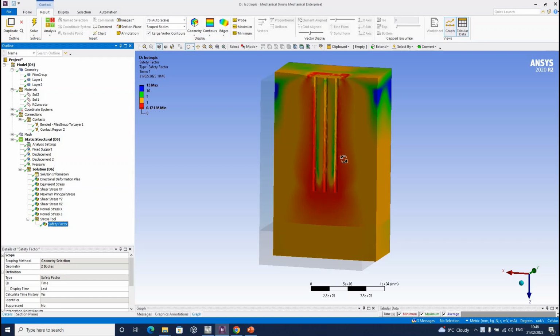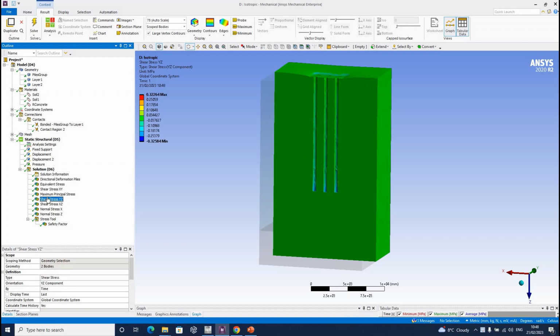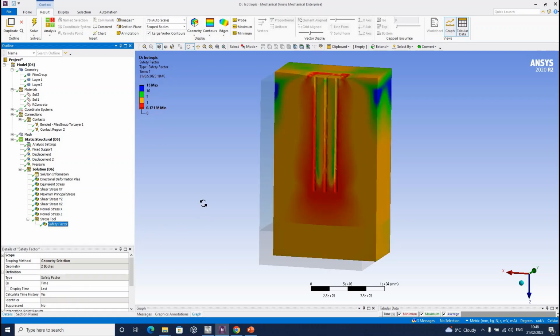We have set 0.1 and 0.2 megapascal for these limits, and if you check the shear stresses in the XY direction, it's okay because the stresses are far below the value of these strengths. But if you check in the other directions, you see that the values are almost in every point over those limits, and this is the reason why the safety factor is so bad in these cases.